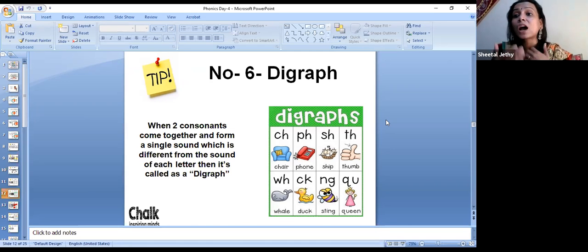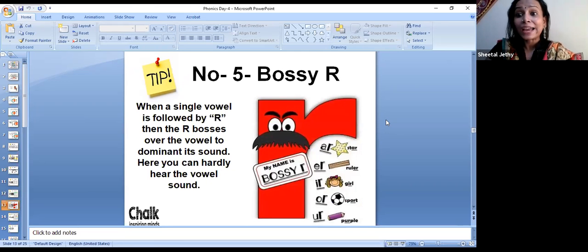So you start making the child think about and build words with the digraph family as well. On the right hand side, these are the most commonly used digraphs which a child should start with.